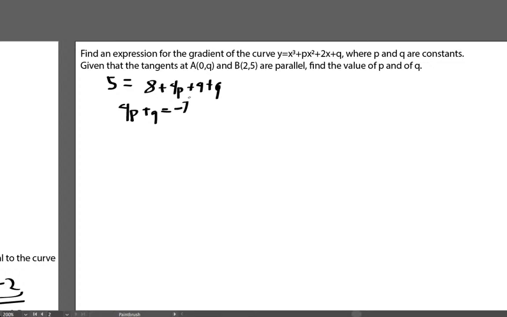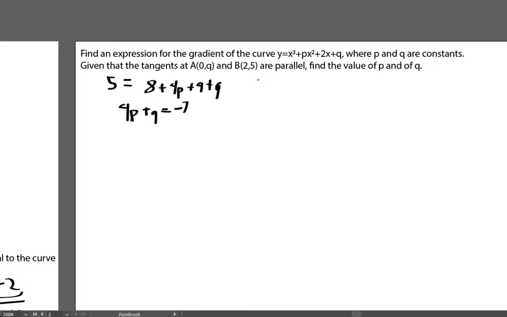We know that the slope at point A and point B must be the same because they are parallel, which means that when you take the derivative and plug in 0 and 2, the result must be the same.